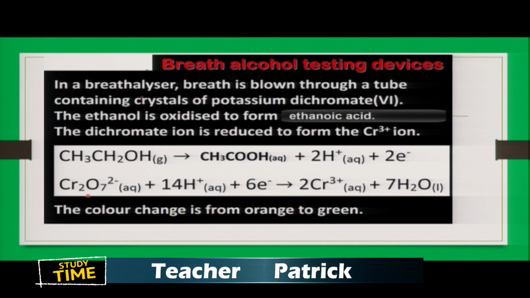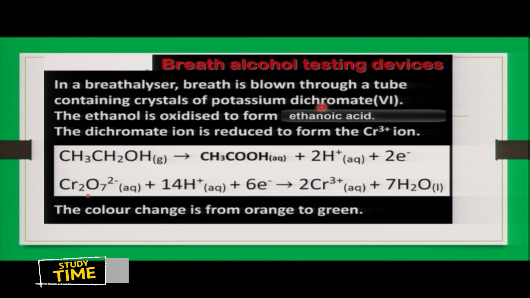So what happens in those breathalyzers, there is potassium dichromate. And the reaction that takes place there is a bit complex. Don't mind the complexity of the reaction. But what is important is that there is potassium dichromate.